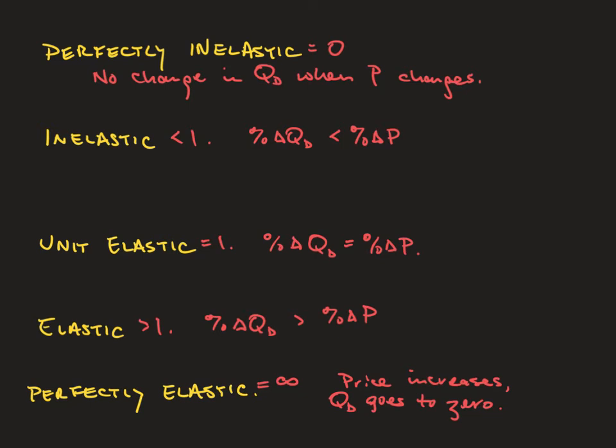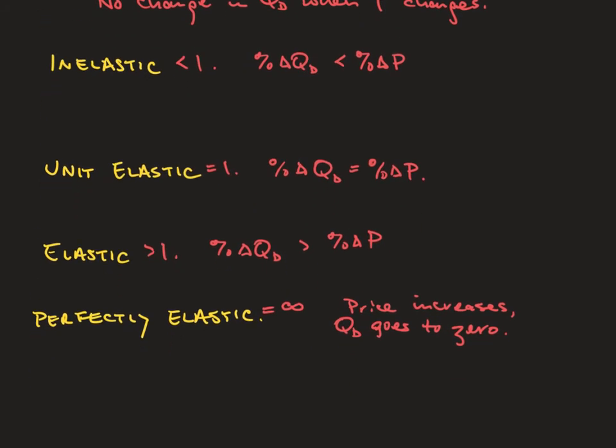If you increase your price at all, then the demand for the good just drops off entirely. 100% decrease in quantity demanded. Now, this would be the case if, for example, there is an identical product for sale at the original price.